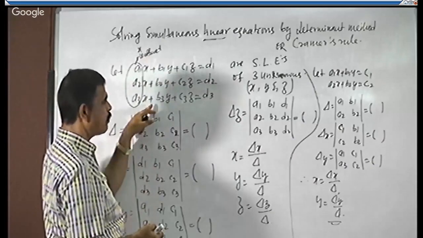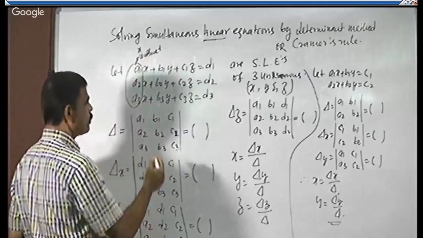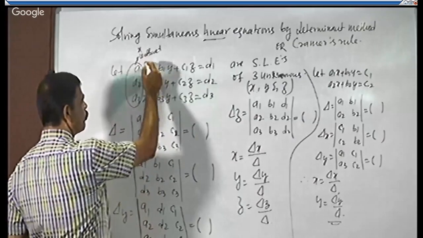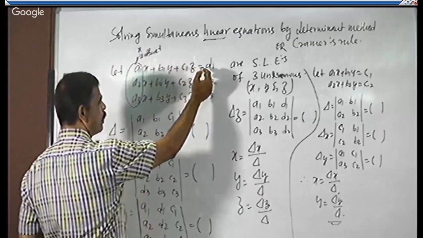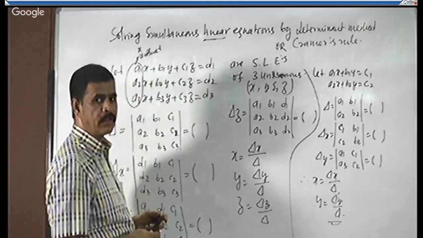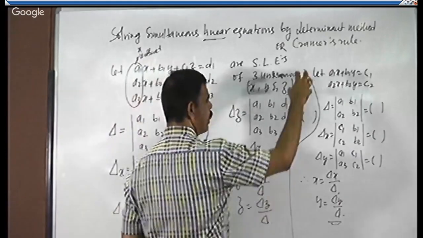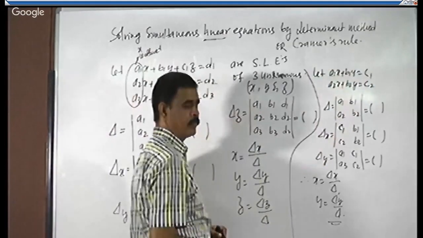The given equation should be in standard form. What is the standard form? The standard form is x term plus or minus y term plus or minus z term is equal to constant. If there are only 2 equations, the standard form is what? x term plus or minus y term is equal to constant.